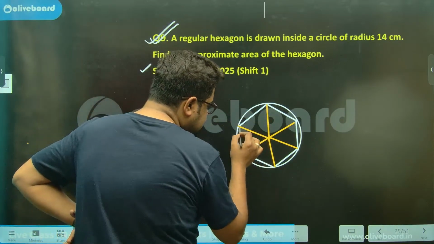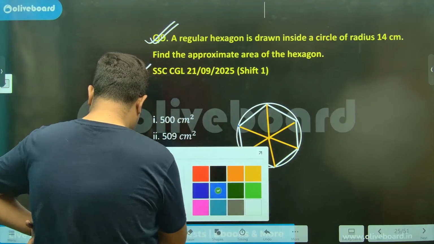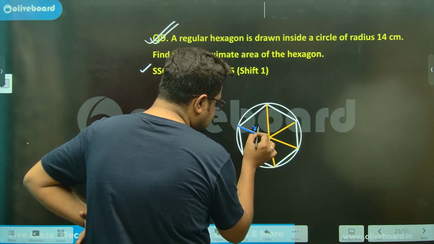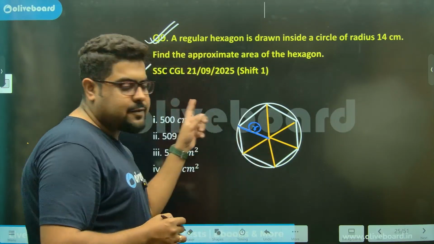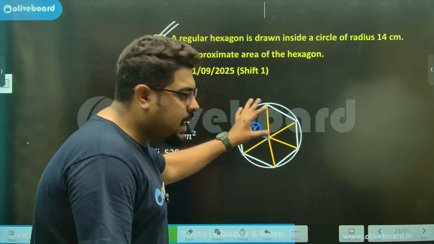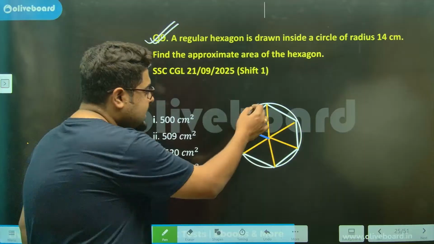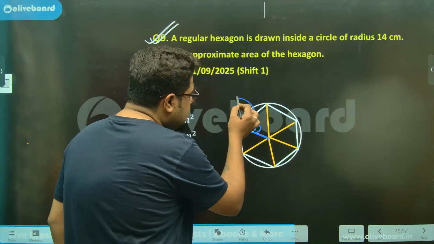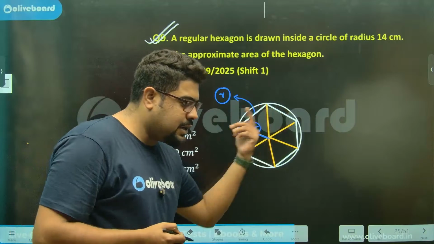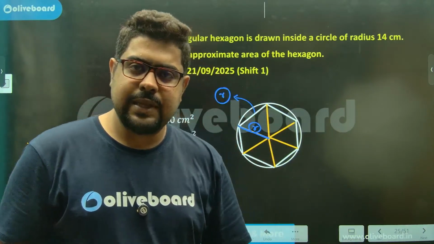This part is nothing but R, the radius of the circle. Yes or no, everyone? This is nothing but R. And as this is an equilateral triangle, this is also R. The side length of this particular hexagon is also R.